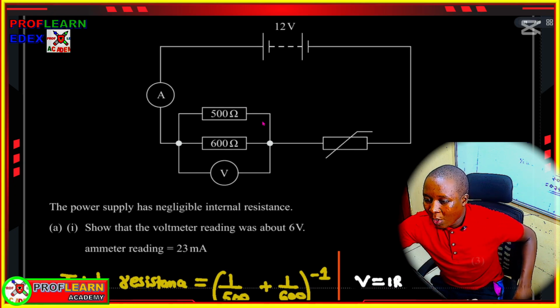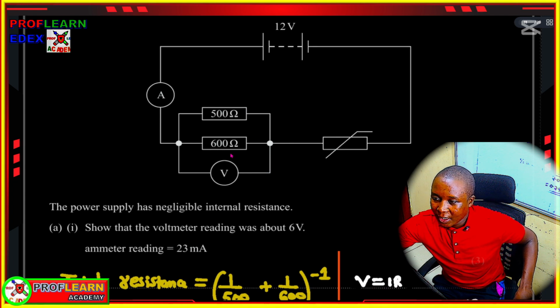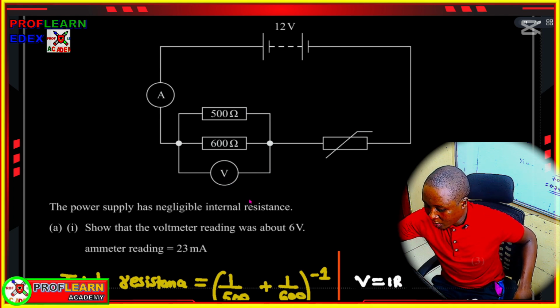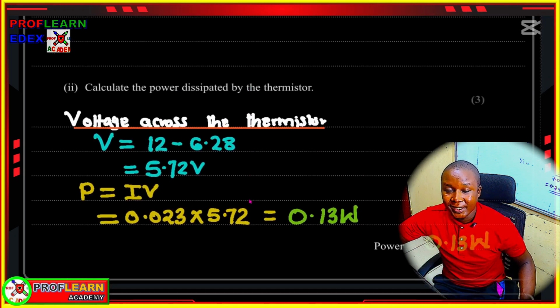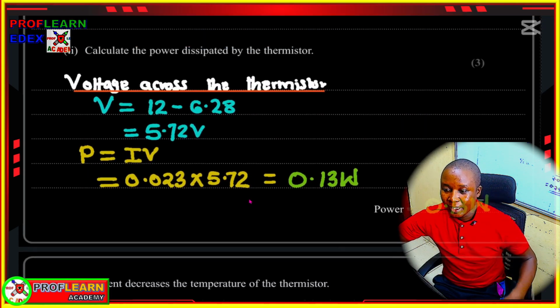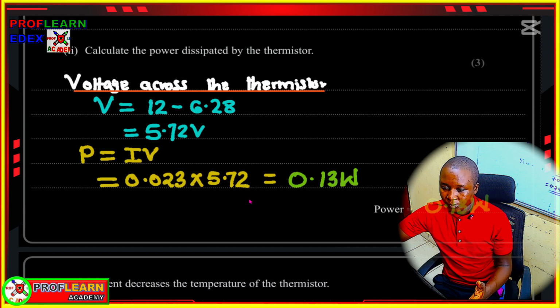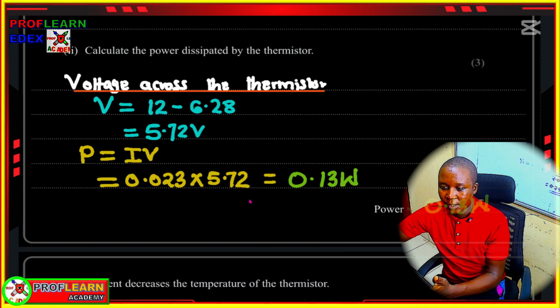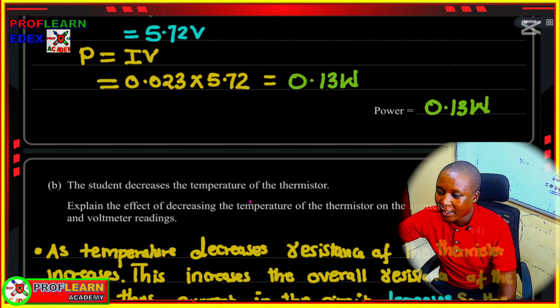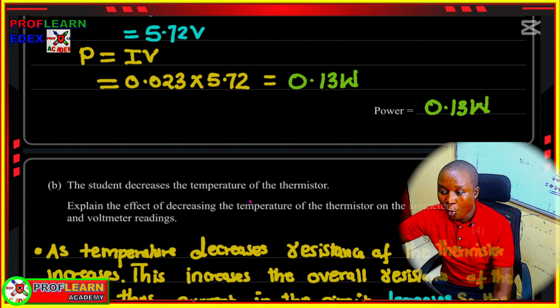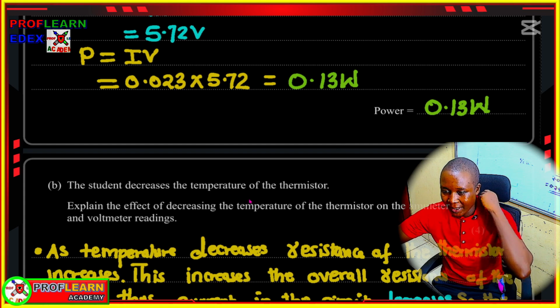The voltage in this section is 6.28, so the voltage here is 12 minus that voltage, and that translates to 5.72 volts. Then since the current was 0.023, we multiply the two, and we get our answer of 0.13 watt as the power dissipated.